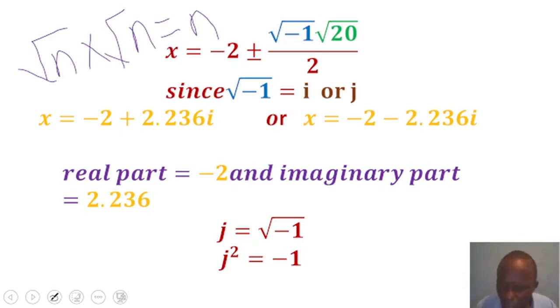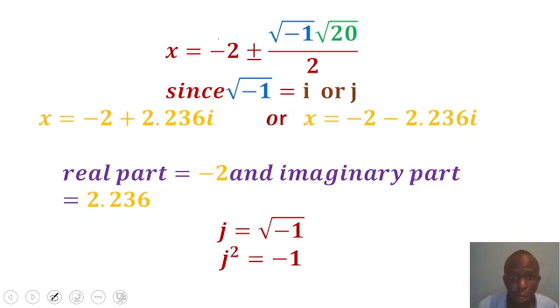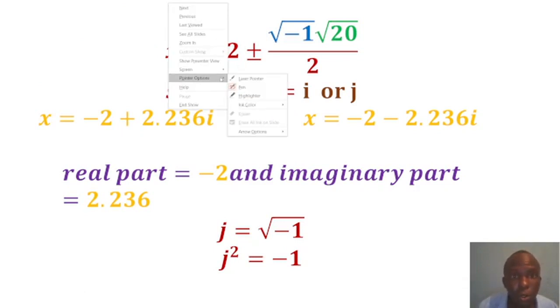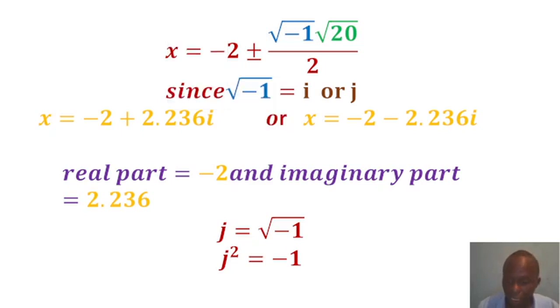We are borrowing that from science. But also, we can expand it further and say that J raised to power 5 is equal to J multiplied by J raised to power 4. Now what is J raised to power 4?